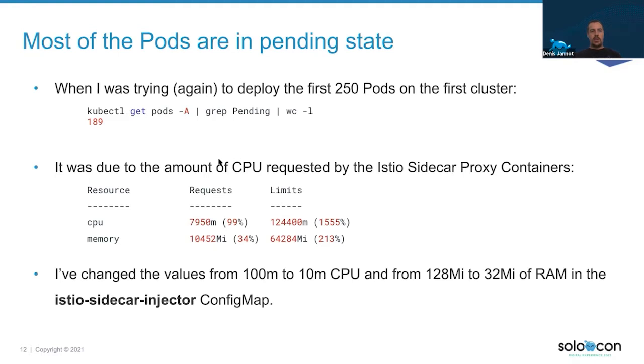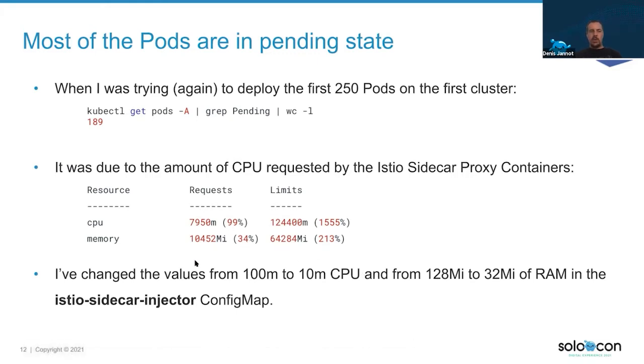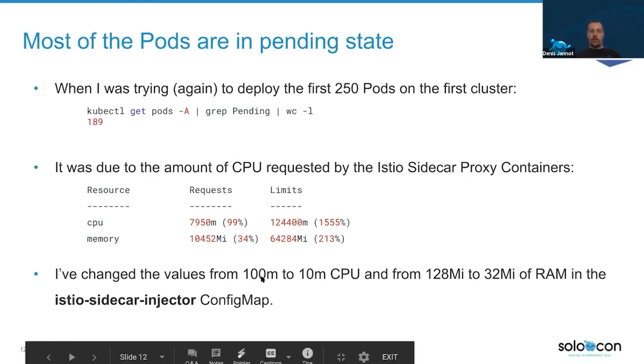I finally figured out that there was a CPU and memory request set by default when you deploy Istio for the Istio sidecar proxy. So I changed the value from the default of 100 milli-CPU to 10 milli-CPU, and from 128 megabytes of RAM to 32 megabytes of RAM. Just change that in the Istio sidecar injector config map.